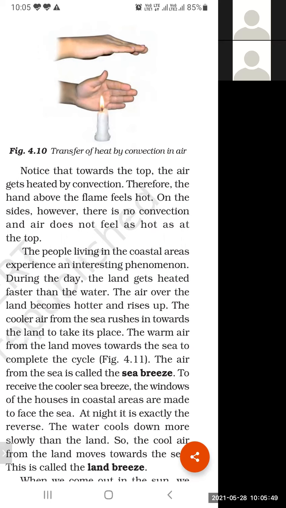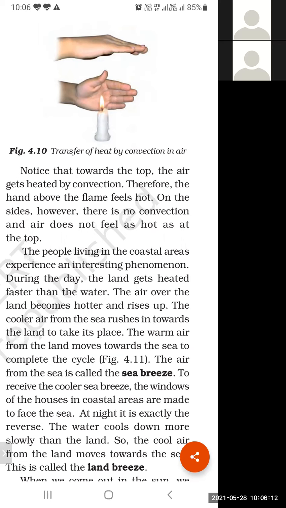And what is this phenomenon? This phenomenon is convection. So students, now with the help of these two activities, you are able to explain the process of convection very well. So repeat this activity at your home. First, you have to learn these activities.